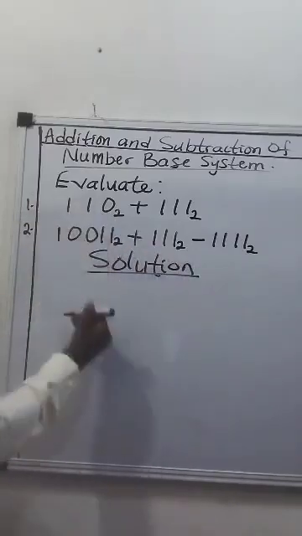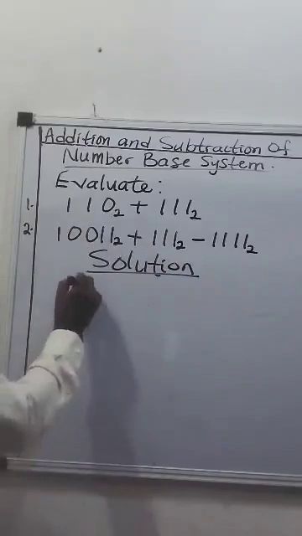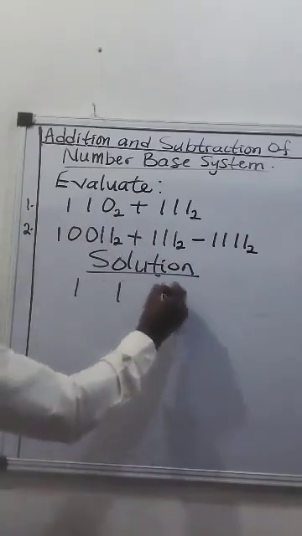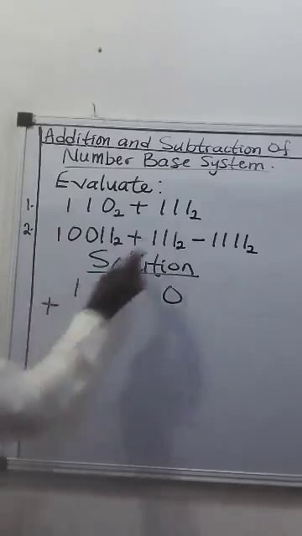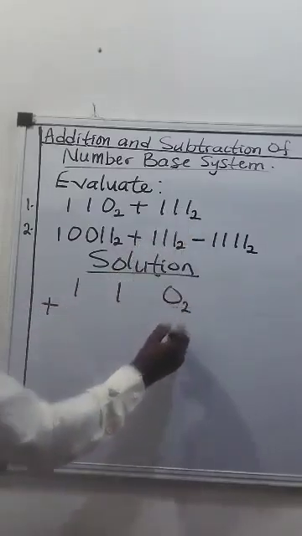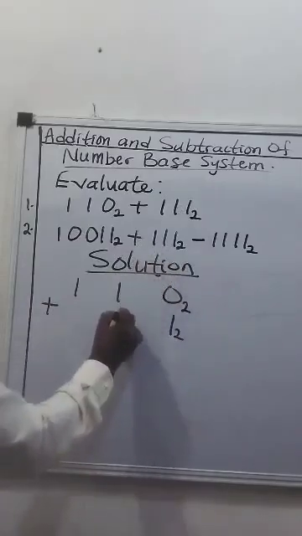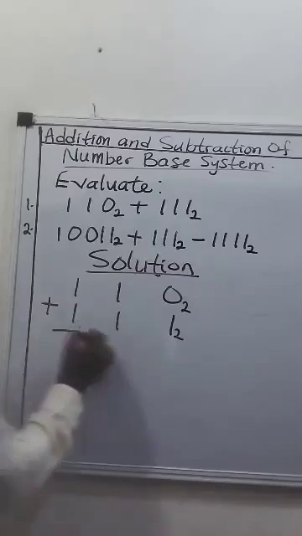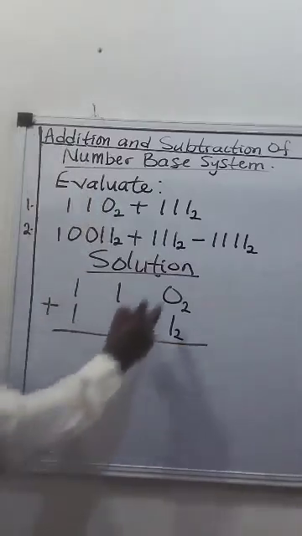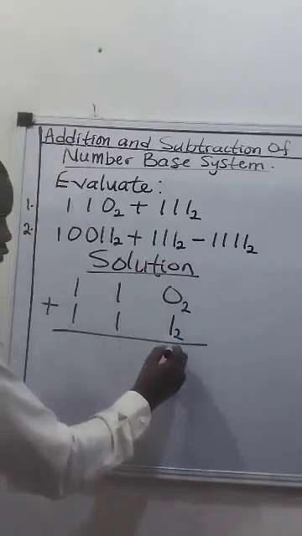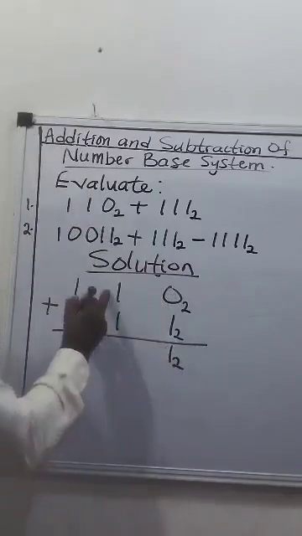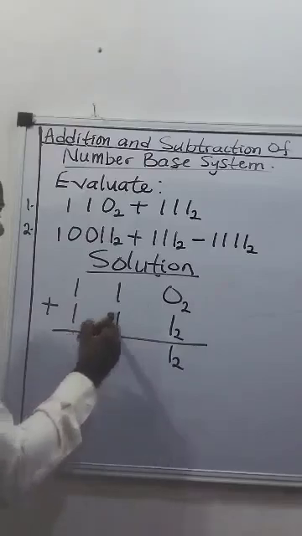The first thing we do is to arrange it accordingly. So 10 plus, you pick this one here. Remember, we are operating in base 2. We add. 0 plus 1 is equal to 1 in base 2. 1 plus 1 in base 2 is 10.